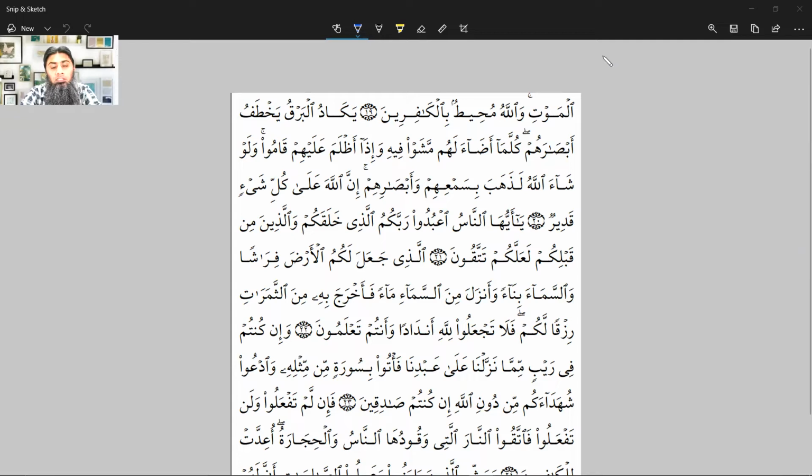Fail nakis means incomplete verb, and it is incomplete in the sense that in order to convey its meaning, it needs one ism and one khabar, unlike a normal verb, which is a complete sentence. Like kana, this one we are studying today, kada yakadu, is also fail nakis.